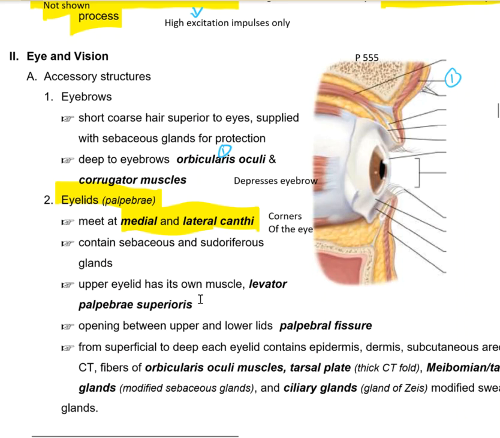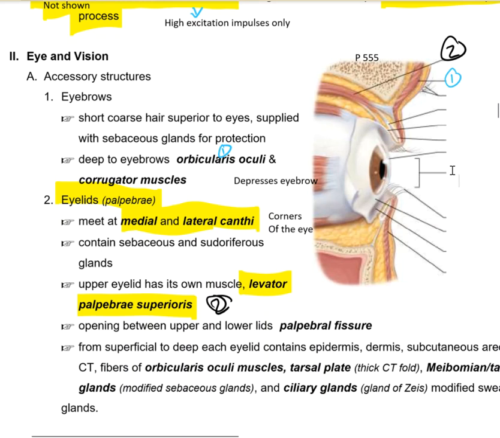And they have their own muscle called the levator palpebrae superioris, and that one is seen here, right there, above, superiorly. And so we can maybe make that one a number 2. Okay, and it does exactly what it sounds like. It elevates the superior palpebrae. And what that'll do is that'll open the palpebral fissure.